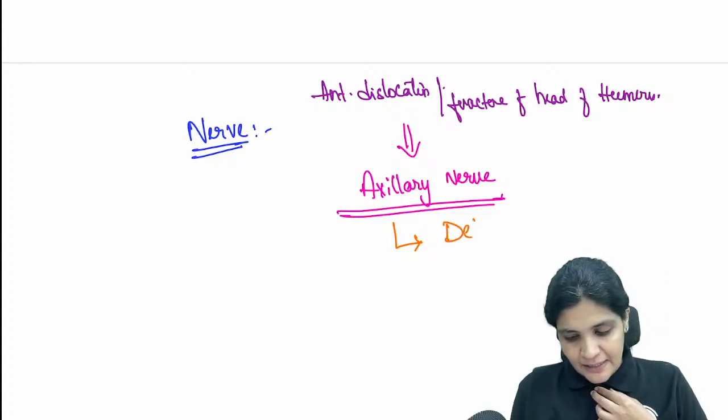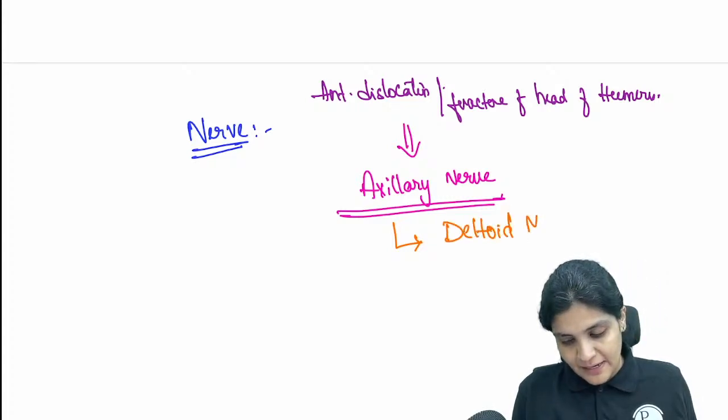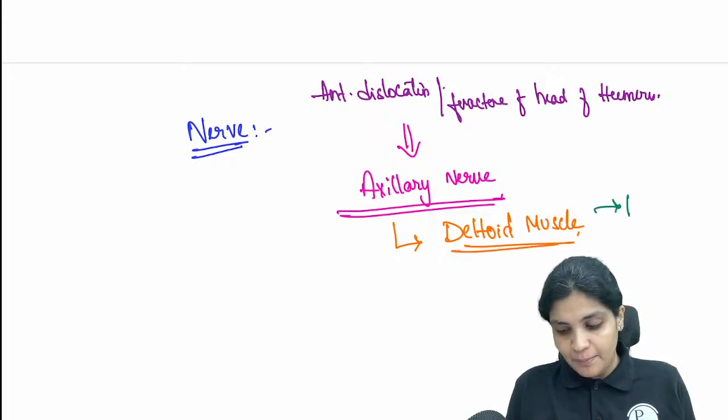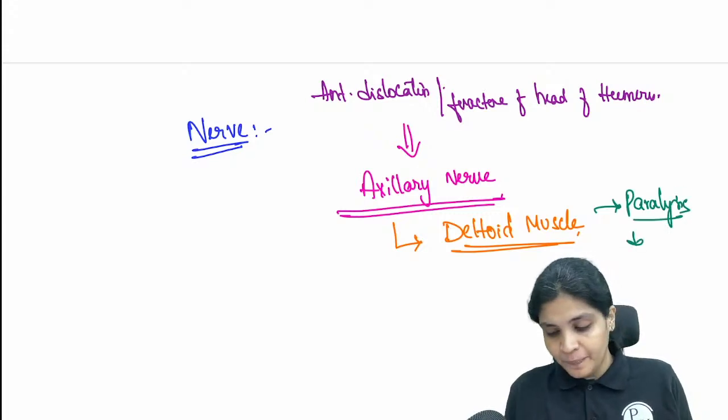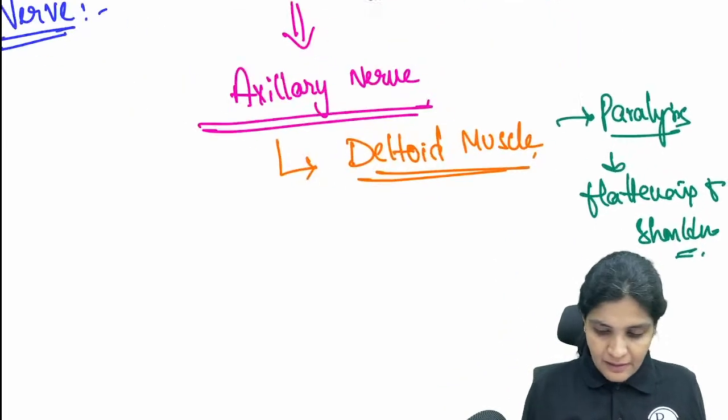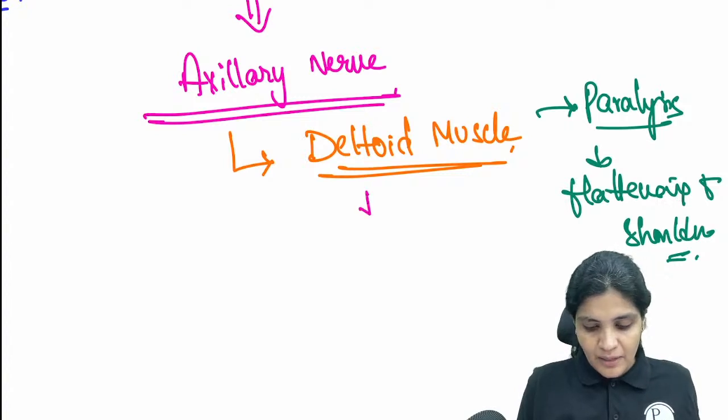It supplies the deltoid muscle, right? So whenever there is paralysis of this deltoid, there would be flattening of the shoulder, right? And which movement does the deltoid help in?